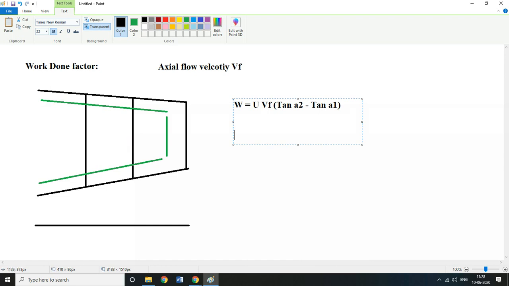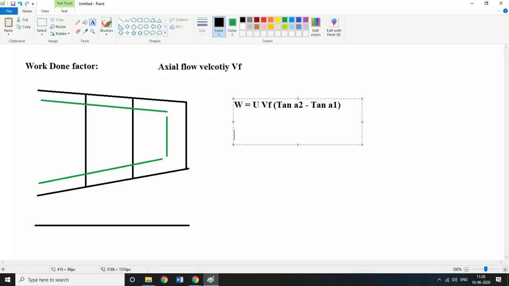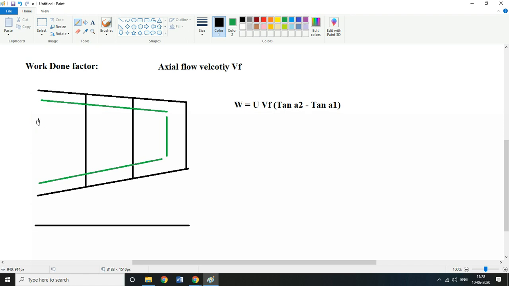We've discussed in class 1 that because the annulus is increasing, and because the machine is a rotor machine and it is rotating, even though the velocity should be axial throughout, if one air molecule has entered here, by the time it comes out it will go through many places.